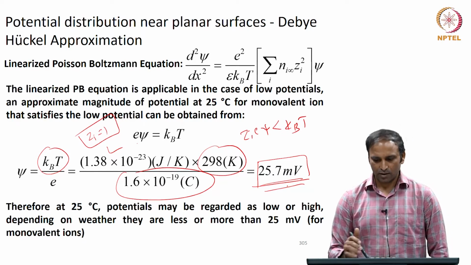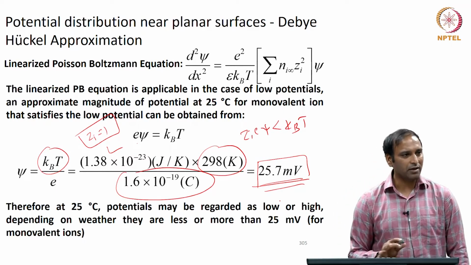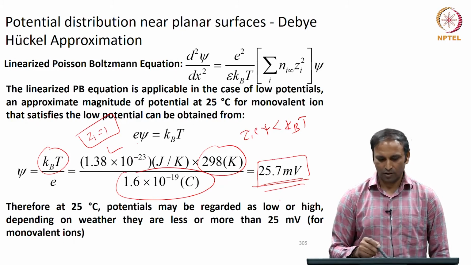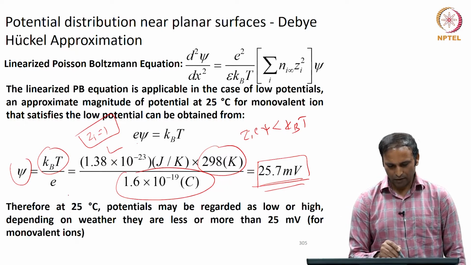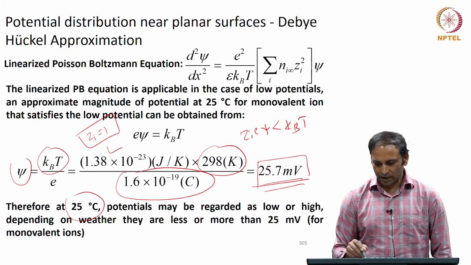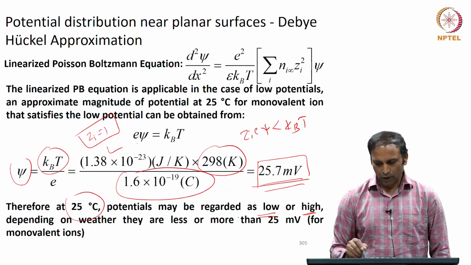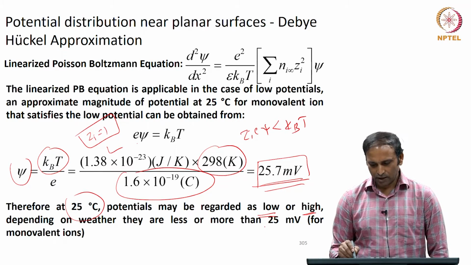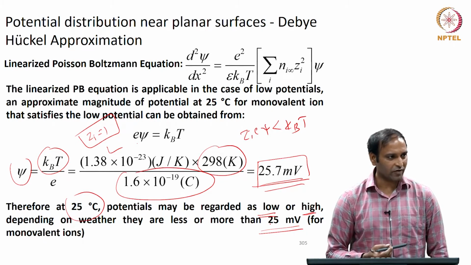So you can get an estimate of what I mean by a low potential or high potential from this simple approximation. At 25 degrees centigrade, a potential can be regarded as either low or high depending upon whether the charged surface has a potential less than 25 millivolts or more than 25 millivolts.